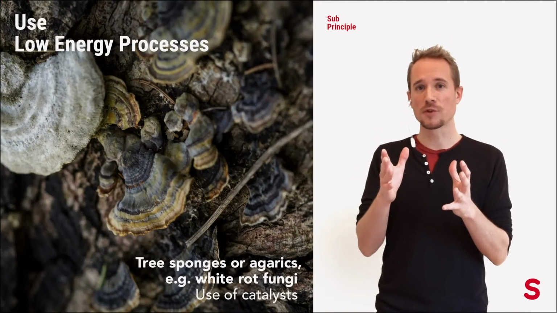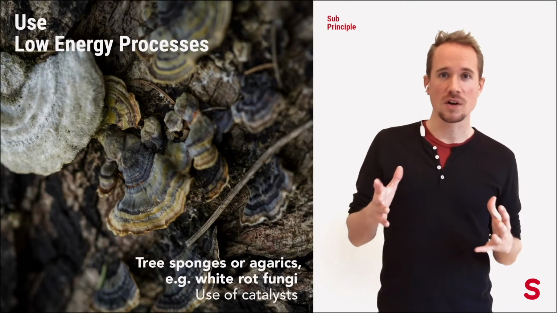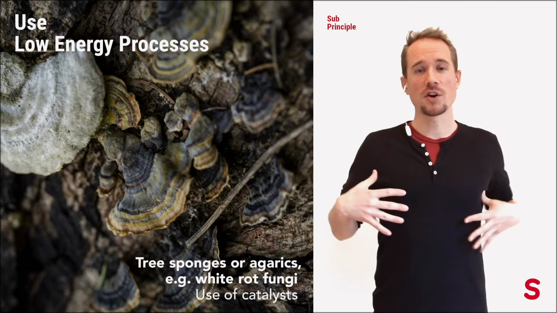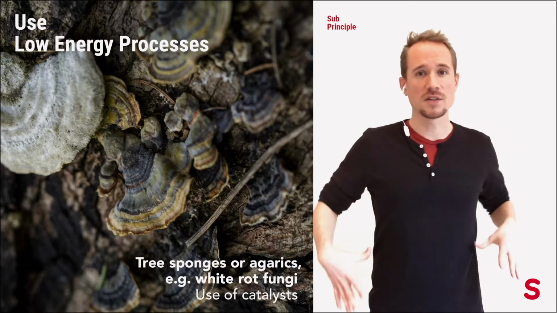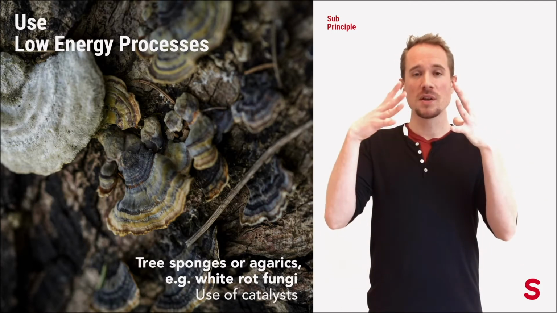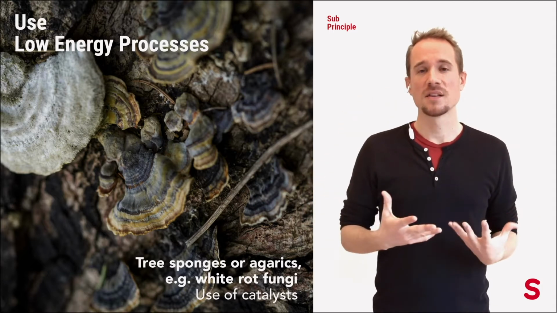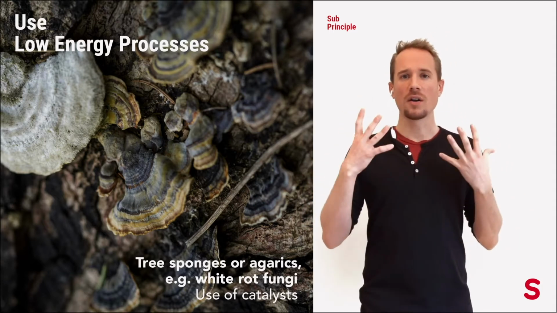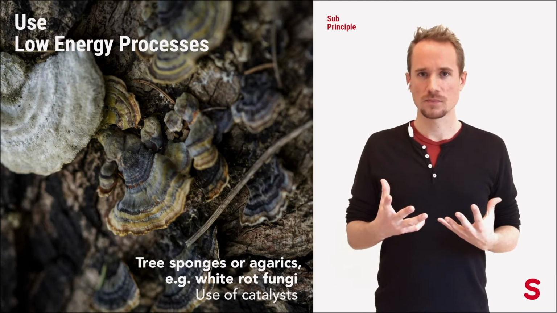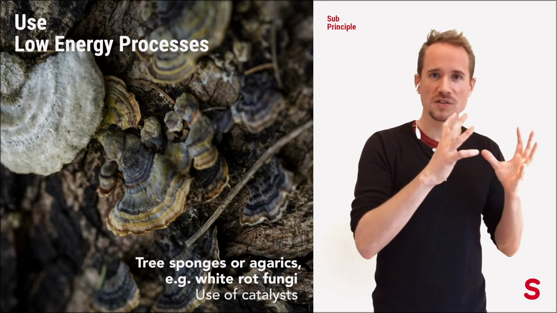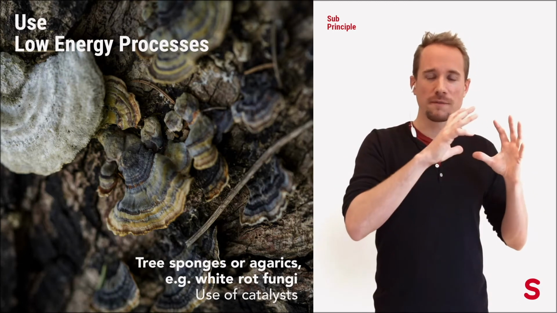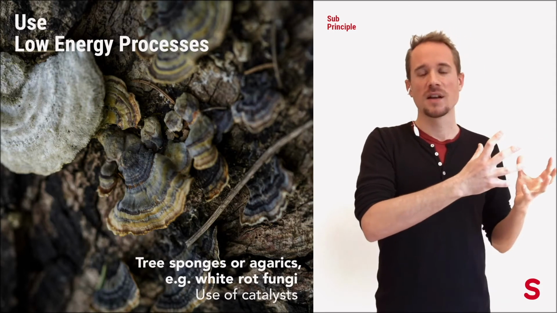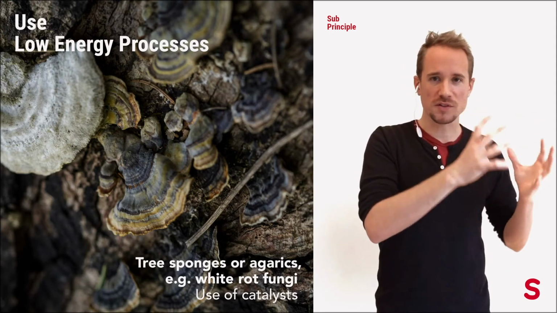In our ecosystem of the tree, the sponges are very important. They start living on trees, in trees, and especially when a tree dies, these sponges are essential to process the wood. Only a few fungi species can actually process wood.